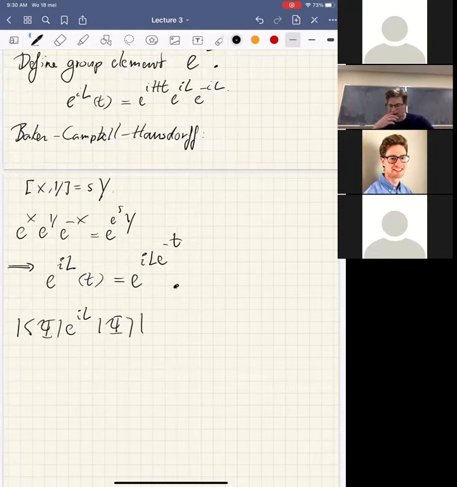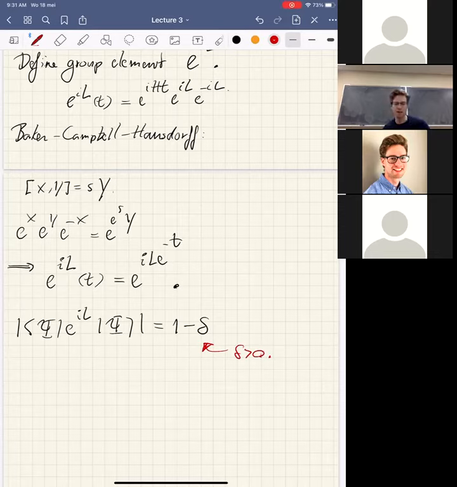This psi is not necessarily an eigenstate of e to the iL, but if you go to a basis and look at the eigenstates, what you can show is that, because e to the iL is a unitary operator, you can write this as 1 minus delta. Very importantly, delta is positive.